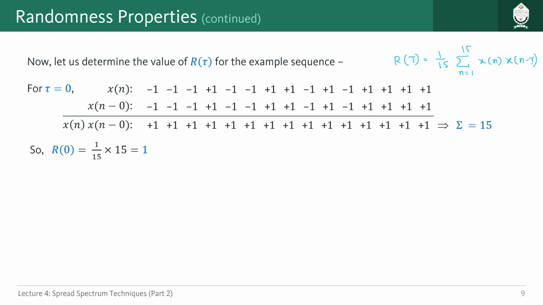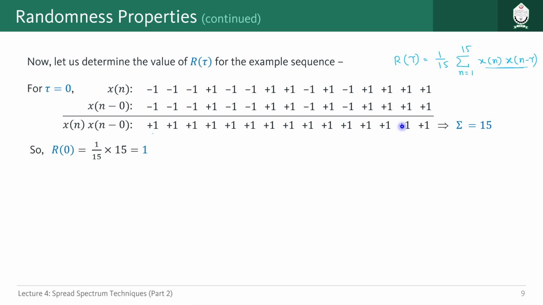So now for tau is equal to 0, what will happen? We first have to take our sequence x of n, right? And as we know, for tau is equal to 0 there is no shift, so x of n minus 0 is exactly the same sequence. And finally we have to multiply all of them, right? So we are multiplying in this way. So minus 1 multiplied with minus 1, which is plus 1, minus 1 multiplied with minus 1, which is plus 1.